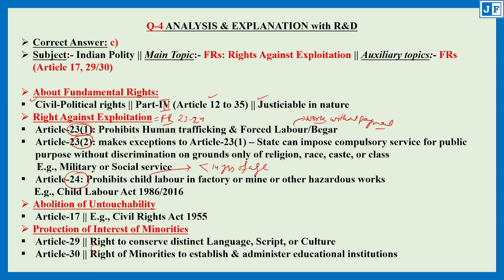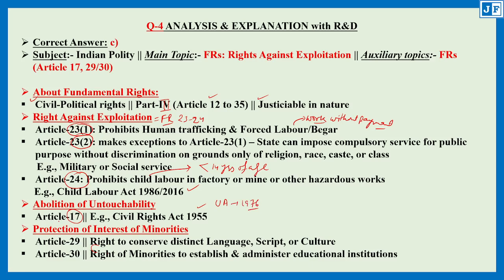In this context, government has enacted Child Labour Act 1986, which was amended in 2016. Regarding untouchability, we have separate article which is 17, and government enacted Civil Rights Act in this context. Earlier it was called Untouchability Act, and in 1976 it was renamed as Civil Rights Act.